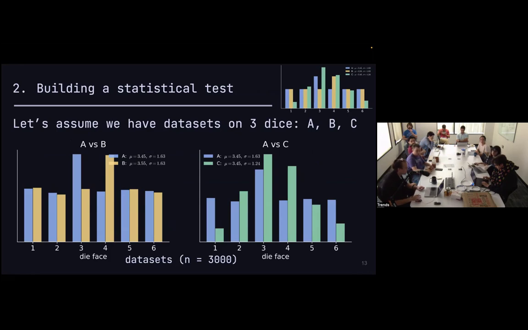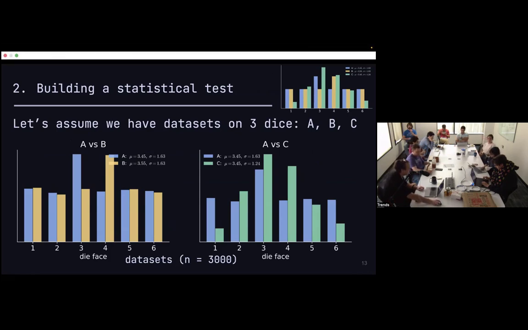I think I'm ready to move on to the next part, where we are using the central limit theorem to rederive some kind of statistical test. Let's imagine that we have three kinds of dice, A, B, and C. Their distributions, the likelihood of each face, are shown on this figure on the top right.